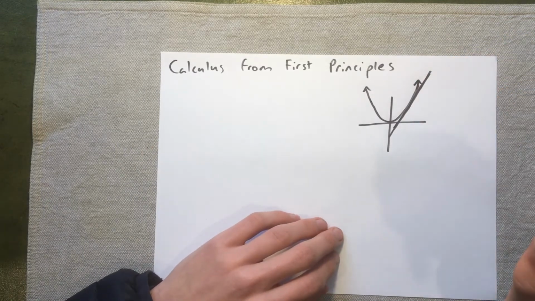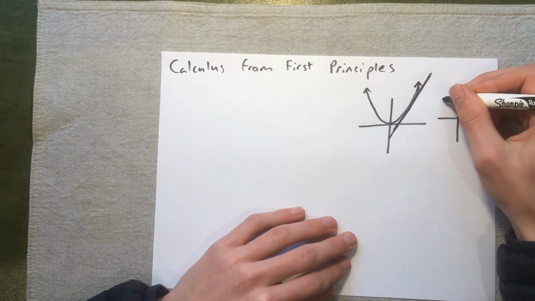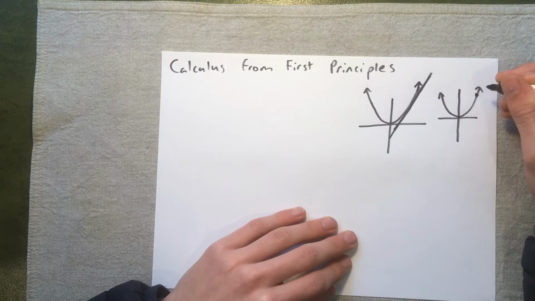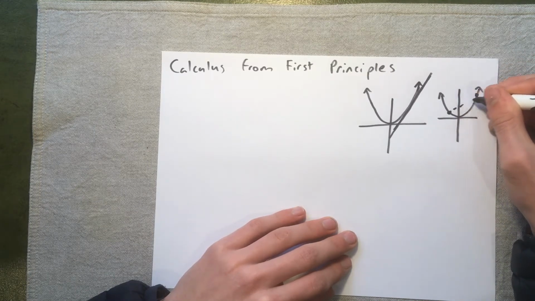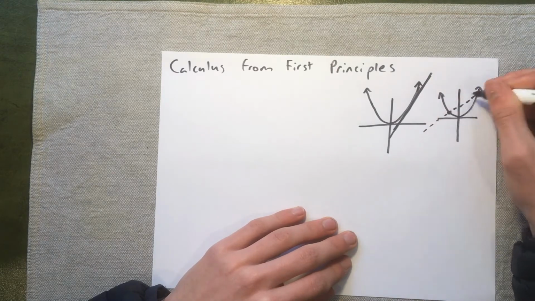Now, from first principles, we're dealing more with the gradient over 2 points. That is, if we have a point here and a point here, what is the average gradient between them? As in, if we drew a line between the two of them, what is the gradient of that line?